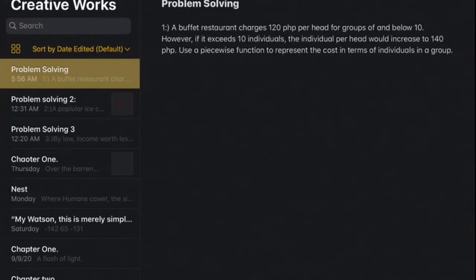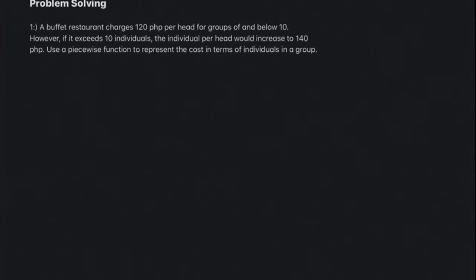Hello, so we are going to perform problem solving for piecewise functions. So here we go. Number 1. A buffet restaurant charges 120 php per head for groups of n below 10. However, if it exceeds 10 individuals, the price per head would increase to 140 php. Write a piecewise function to represent the cost in terms of individuals in a group.